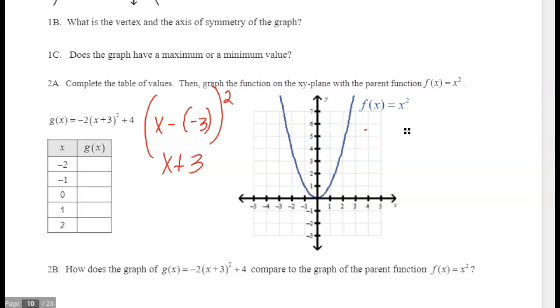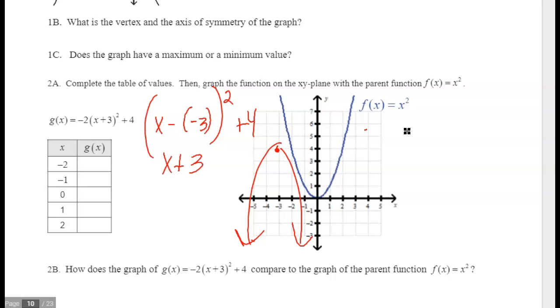So that negative 3 tells us that it shifted 3 spots to the left. Now the plus 4 is the easy part. The plus 4 is just shifted up 4 spots. So you have your vertex at negative 3, 4 right here, and it would be an upside down U. And there's just a quick sketch of what it looks like.